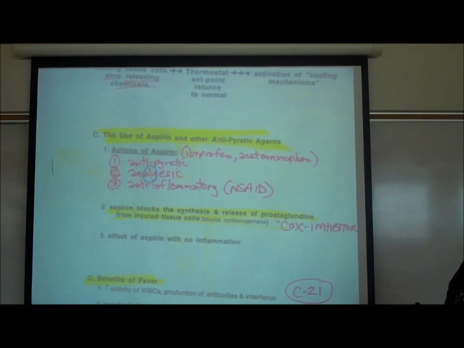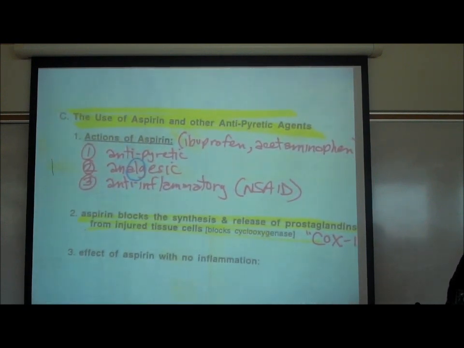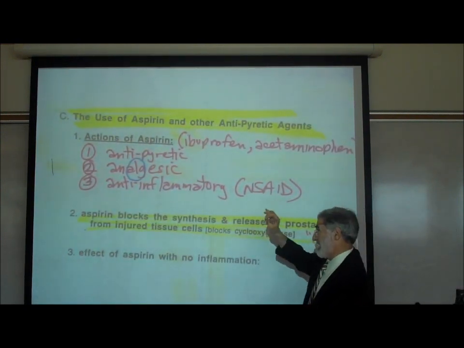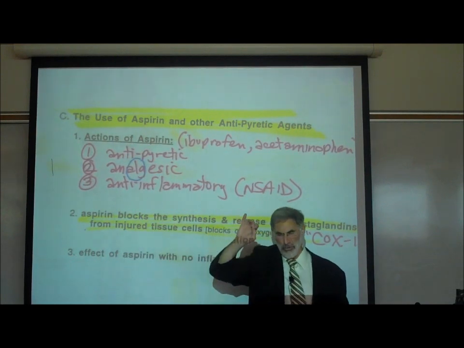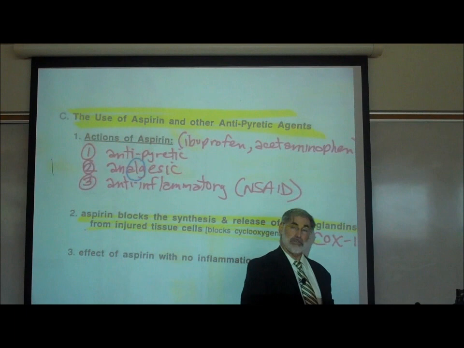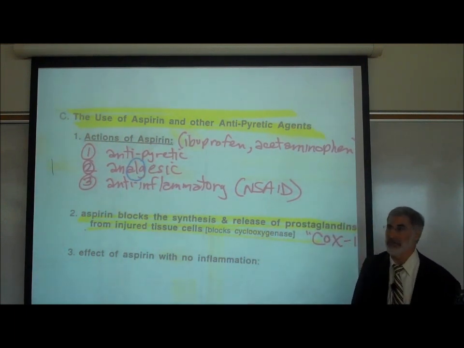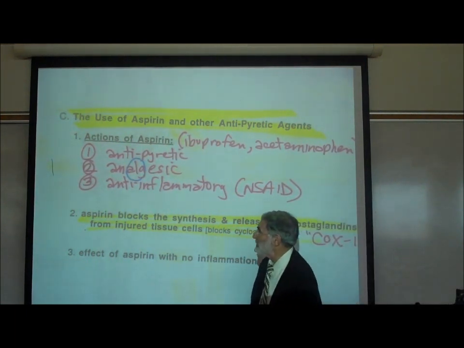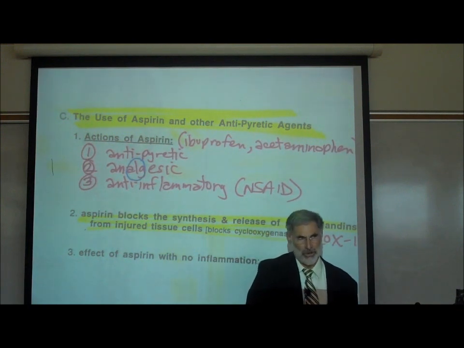Algia means pain. And when you put the letters A or AN in front of a word, that means to take away. It takes away or reduces pain. It's a pain reliever. And aspirin is an anti-inflammatory drug.